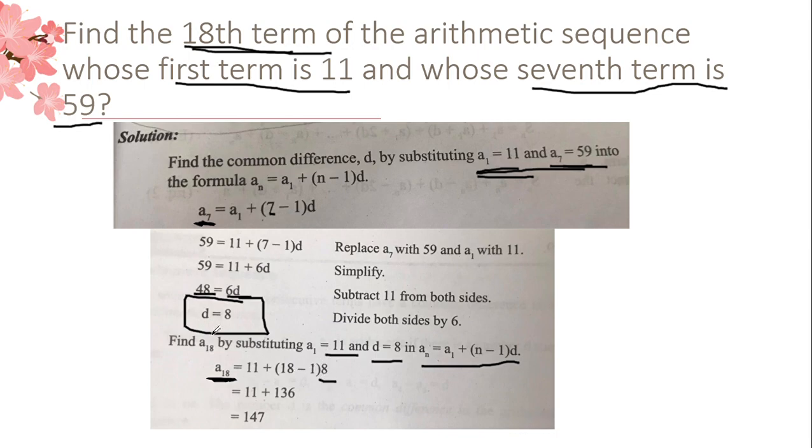That is equal to 11 plus, because 18 minus 1 is 17, and 17 times 8 that is 136. So 136 plus 11 the answer is equal to 147. So that is our third example for the arithmetic sequence.